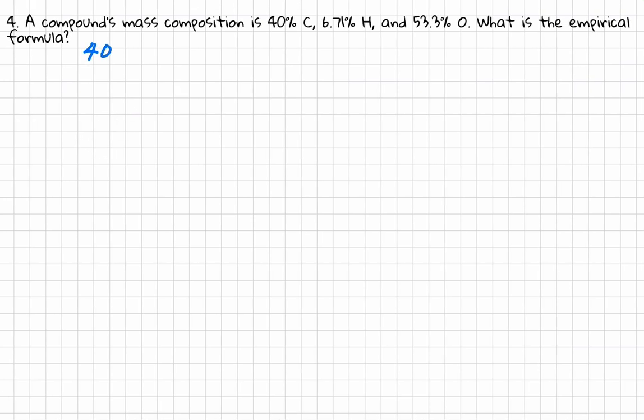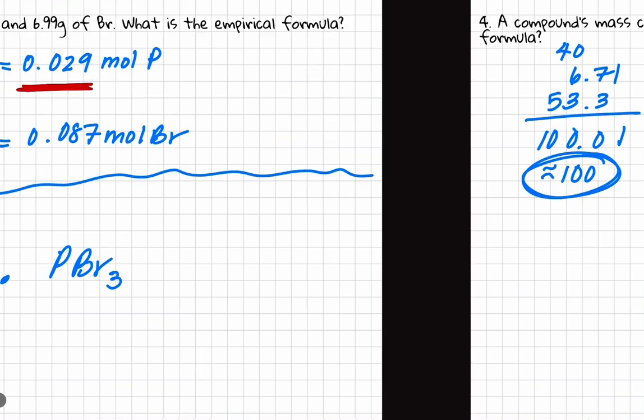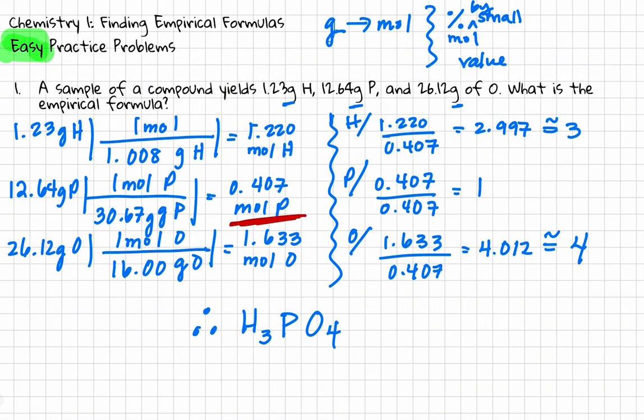Do it again. 40 plus 6.71 plus 53.3 is 100%. So approximately 100. Knowing that it's 100 means that we can substitute wherever it says percentage and change that to gram and use that information to follow the same process that we've been doing before when we have grams.